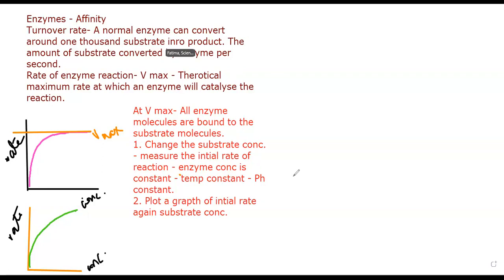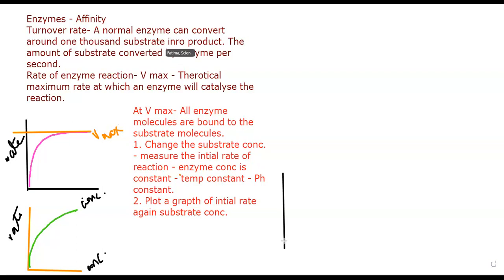So I can't just read the value from the graph and say, this is the Vmax, right? That's the problem. So what is the solution? How can I figure out my solution? The solution to my problem is actually quite simple.